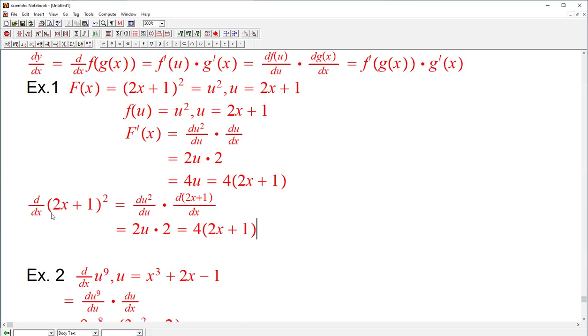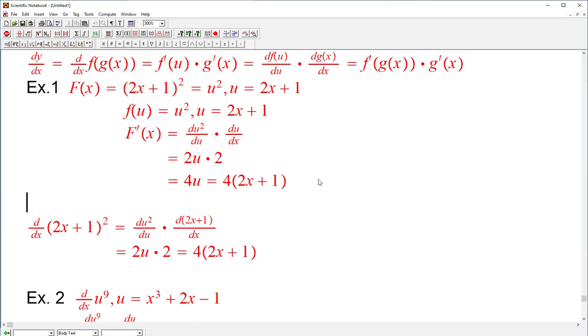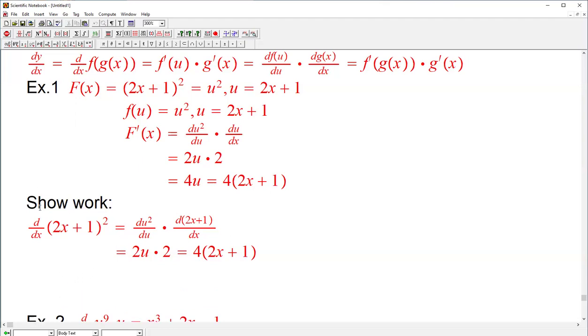Or as you're getting better at this, you may not even introduce u. When you show work, you could just show this. In your mind, there's a u, but you don't have to show it explicitly. You can just show 2 times, I know I have a u here, and that u is 2x plus 1, right?